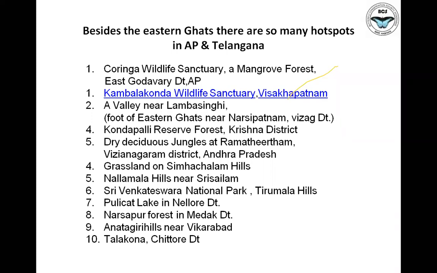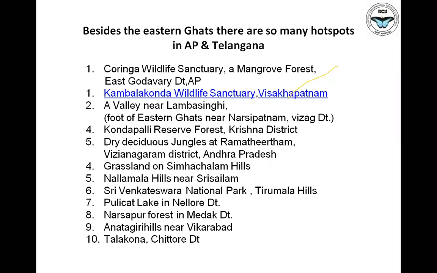That is the specialty of this valley, like Ooty and Kodaikanal. And Kondapalli Reserve Forest, Krishna district. Jungles in Ramatirtham, that is Vizianagaram district. Grasslands on Himachal Hills, very fine to see.